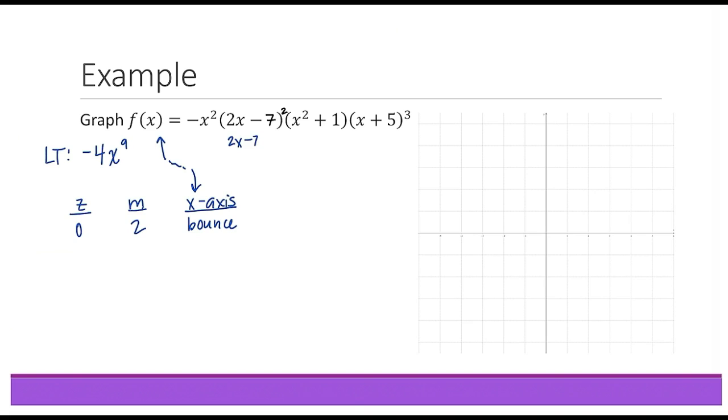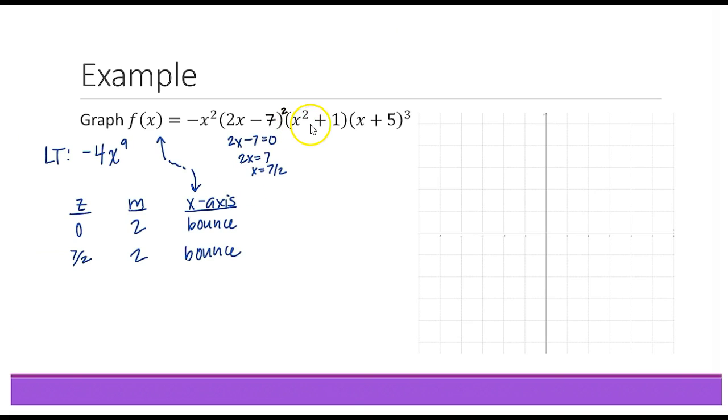If I set that equal to 0, I get 2x equals 7, or x equals 7 over 2. We should be able to do that quickly in our head. I just wanted to show that because a common mistake is to just take the opposite of this number. So people just put, oh, 7. But we have to add 7 and divide by 2 to find the zero. The multiplicity is 2, and it is again going to bounce.